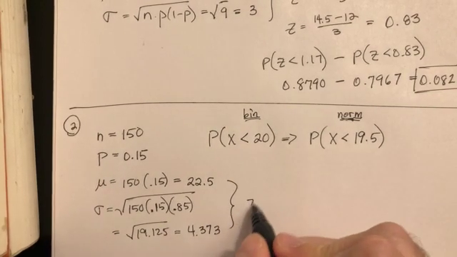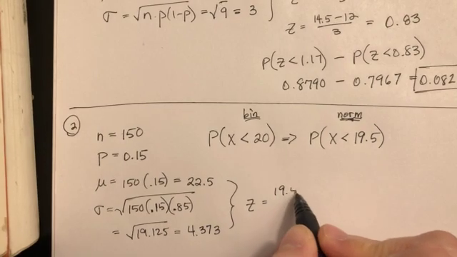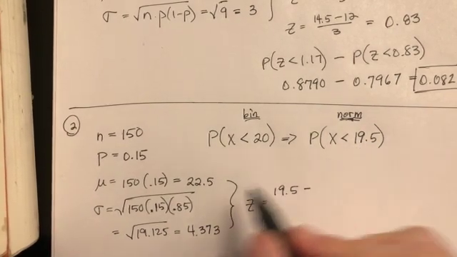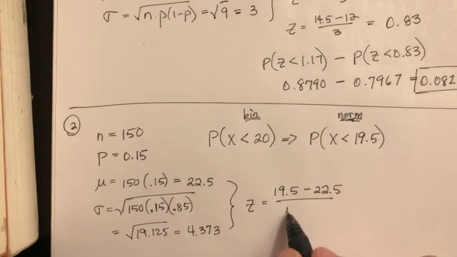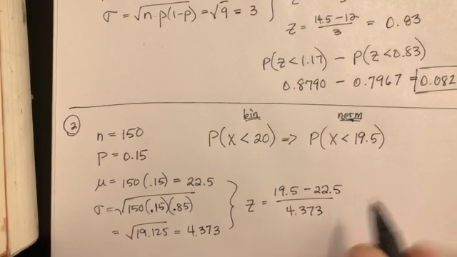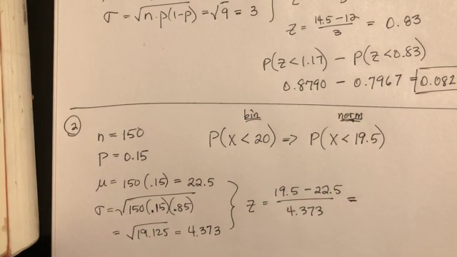With those two, I can find my z-score. And there's only one to find in this case. Yay, 1. 19.5, which is x, minus mu, which is 22.5, divided by 4.373. My calculator keeps going away on me. 19.5 minus 22.5 is negative 3, equals.